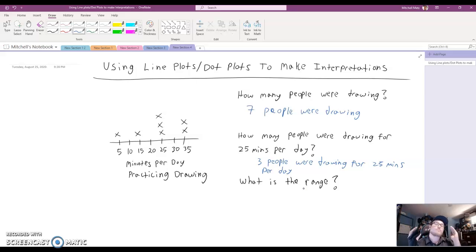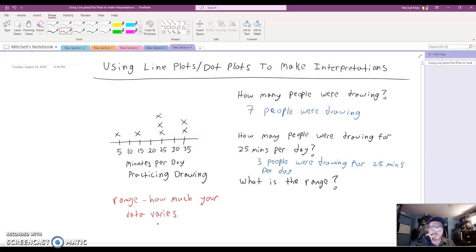What that means with math is, I'm just going to calculate the distance between the lowest data point and the highest data point. So let me define that really quick. Range, you can think of it as how much your data varies, or how much it spans, like the length of its span.